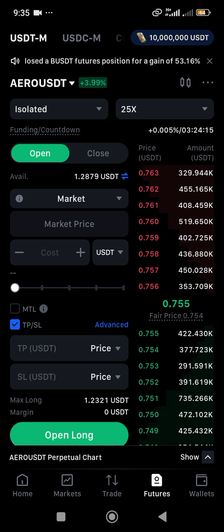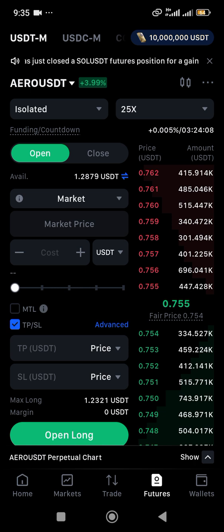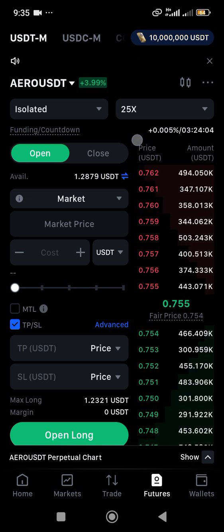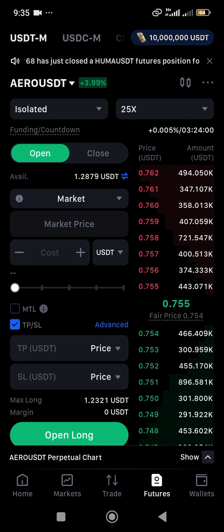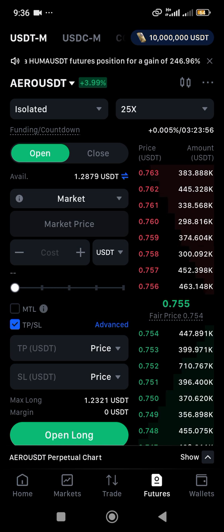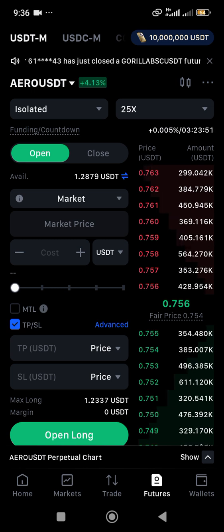So since I'm using 25 times leverage, I am trading with about 30 USDT, whereas what I actually have is 1.2 USDT. Because of this leverage, the USDT I will use to carry out this trade will be increased. Do you understand?